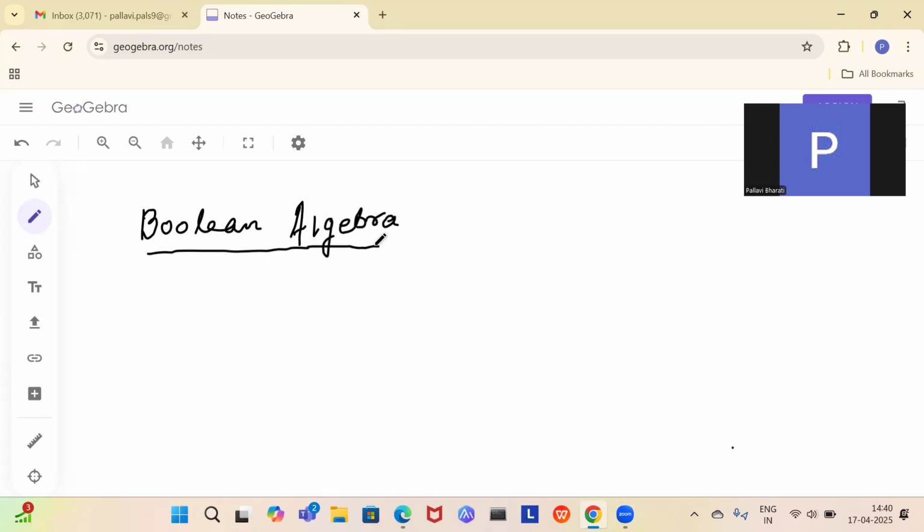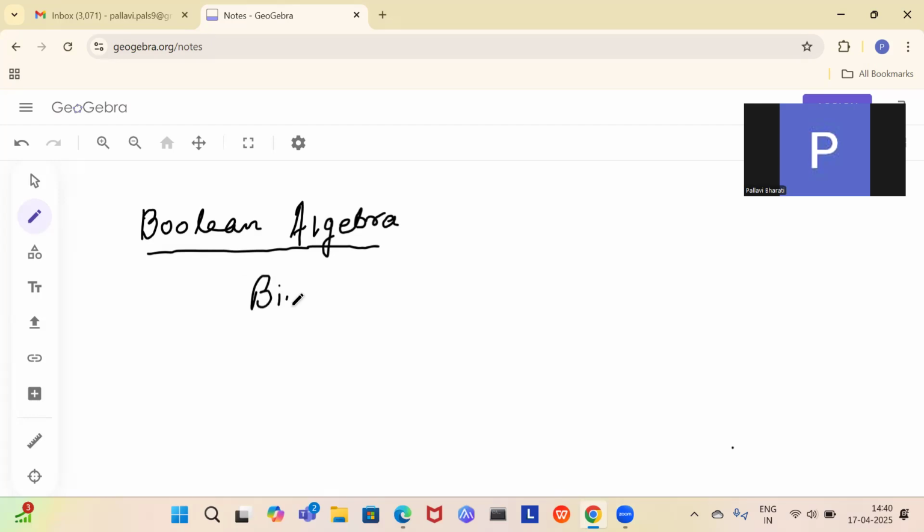So that is the cryptography thing. And you also use this Boolean algebra in machine learning or artificial intelligence, where you have certain decision making process. Okay, so this is an algebra which is created by operating the binary system.